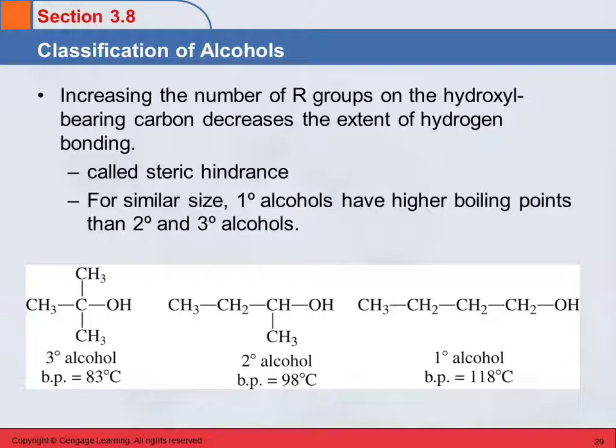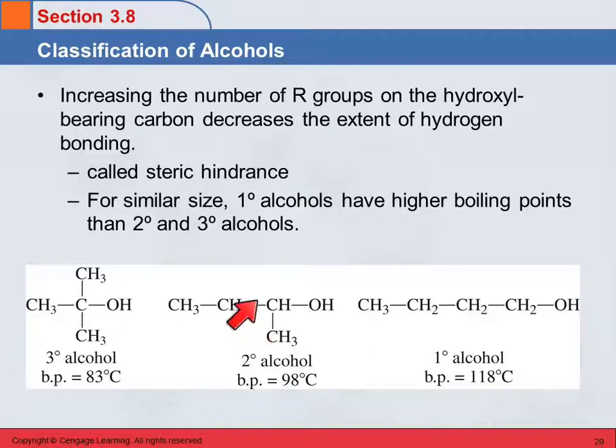When we have an increasing number of R groups on that hydroxyl-bearing carbon, it's going to decrease the extent of hydrogen bonding. And this is called steric hindrance. So here we have a primary alcohol, and this has a long chain.